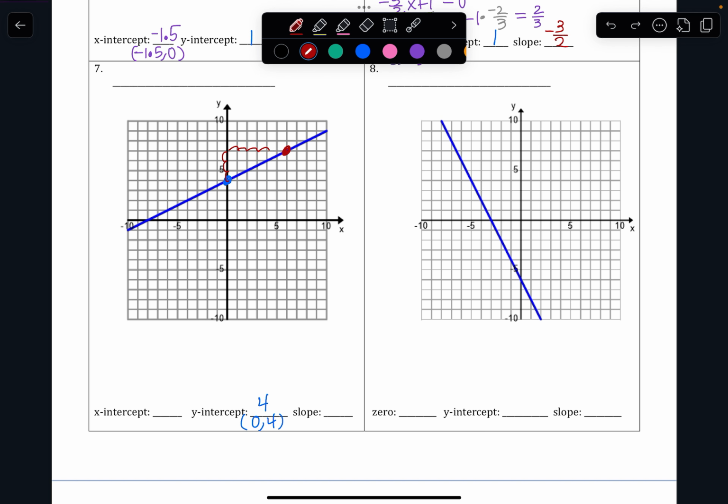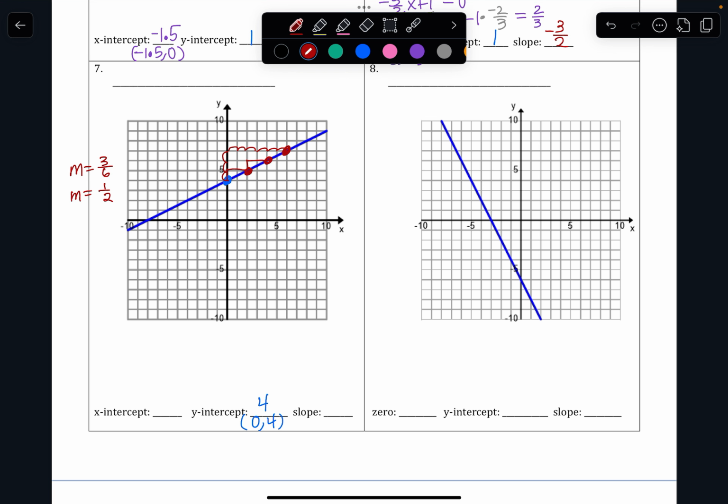Let me recount that. 2, 3, 4, 5. So rise 3, run 6. That can be simplified to 1 over 2. And if you rise 1, run 2, you also get to a good point.